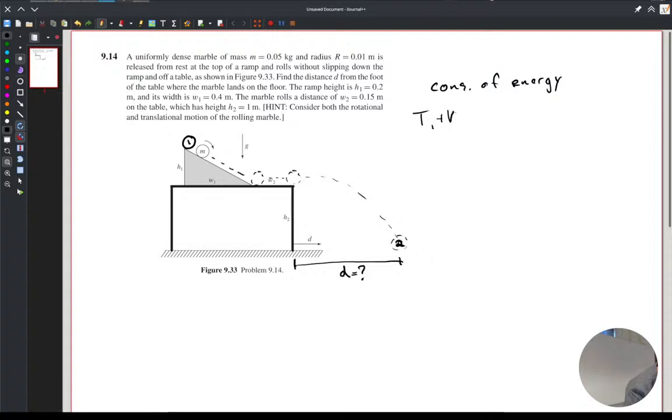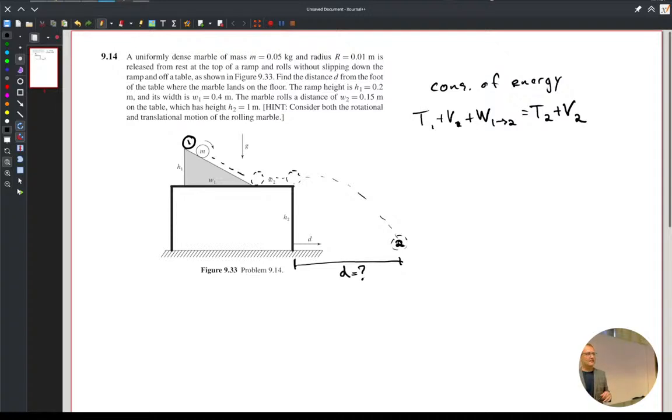T1 plus V1 plus work from 1 to 2 equals T2 plus V2. If I want to just put it all in one big equation, I'm going to have some kinetic, some potential. Initially I have 0 kinetic, I'm releasing from rest, but I do have potential. And it's going to roll, and then now it's got a lot more kinetic energy, something like that.